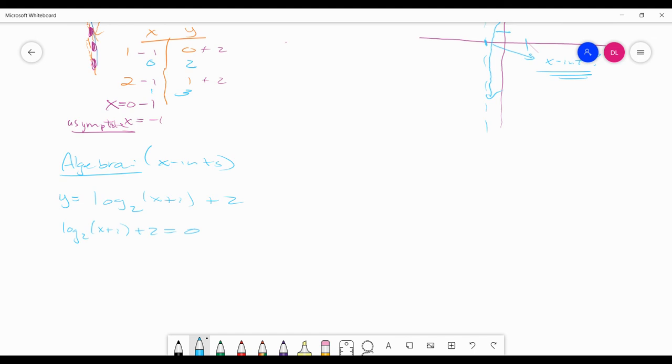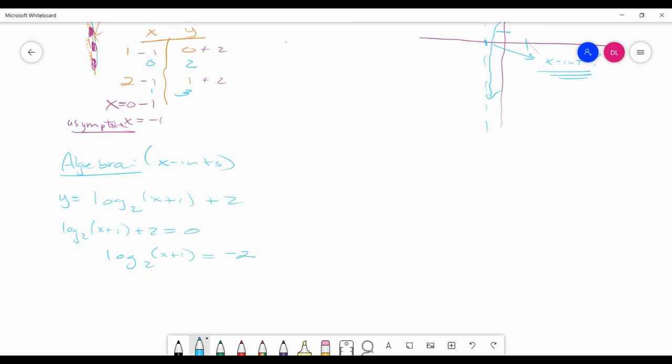All right, guys. So now we're looking at this going, okay, how do I solve this? Well, get rid of the 2. So we're going to move the 2 to the other side. So we get log base 2 of x plus 1 equals negative 2.